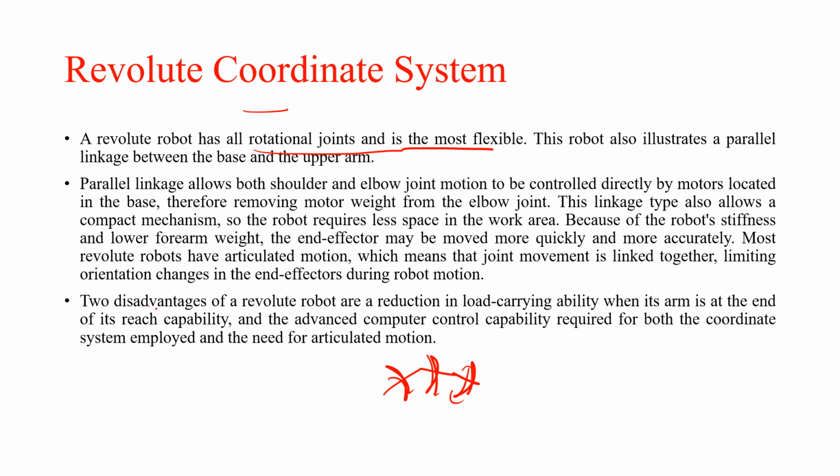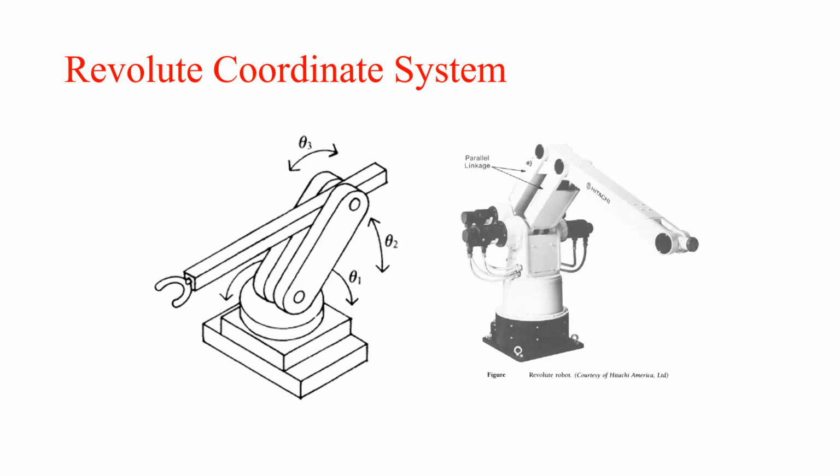Two disadvantages of this revolute robot are the reduction in load carrying ability when the arm is at the end of its reach, and the advanced computer control required for the coordinate system and the need for articulated motion. This is your revolute coordinate system. You can see this is revolute, this is also revolute, and this is also revolute. So three are okay.